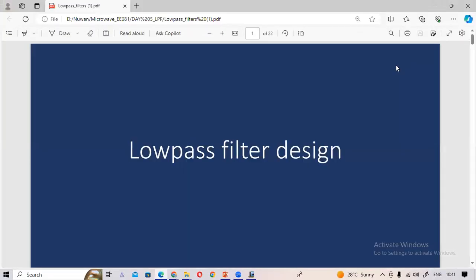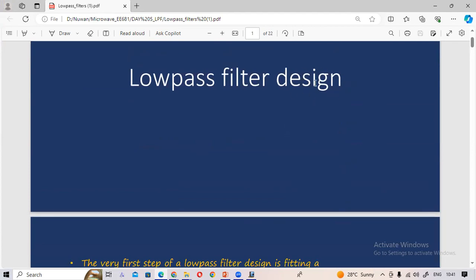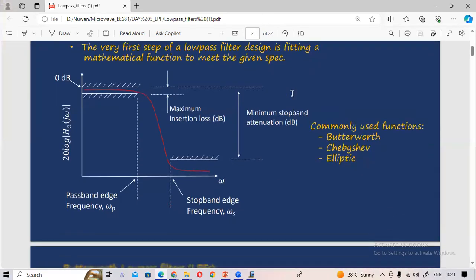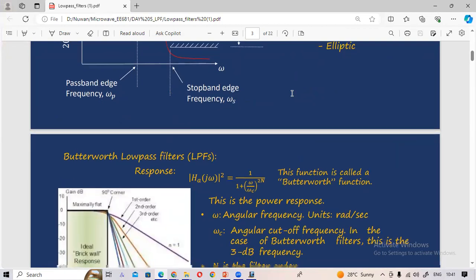Actually, in this course, we are not going to realize the filter. The design here means realize, that means we implement the filter using LCR: inductor, capacitor, and resistor.